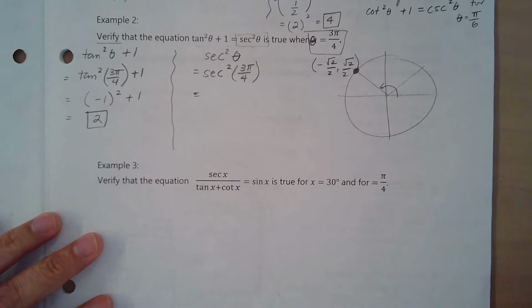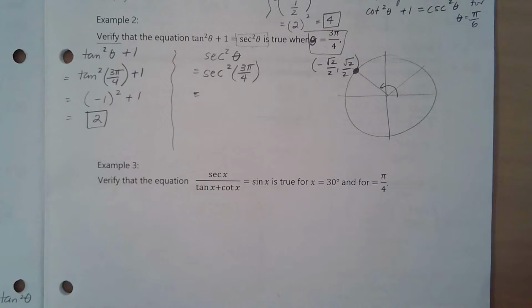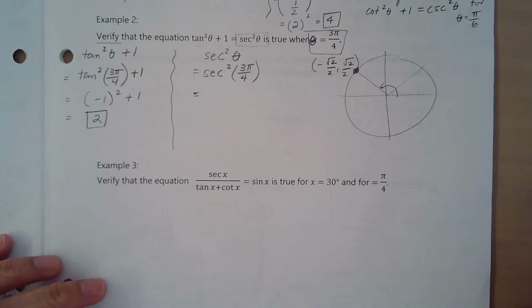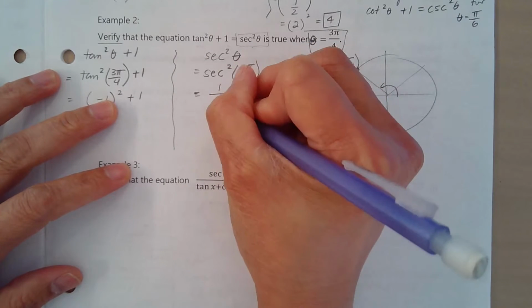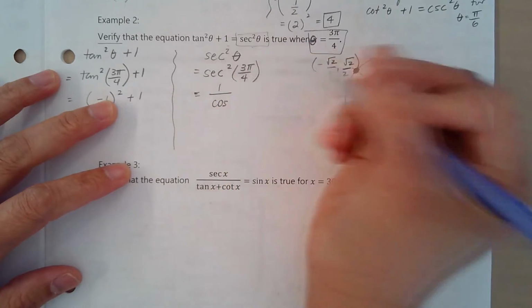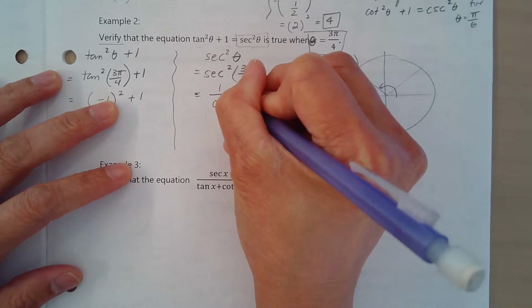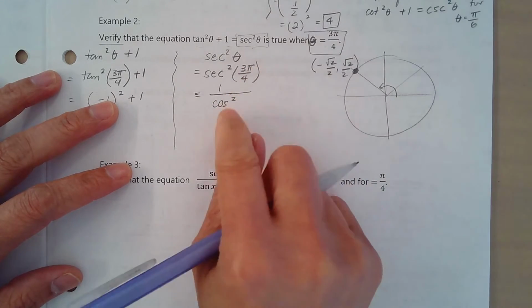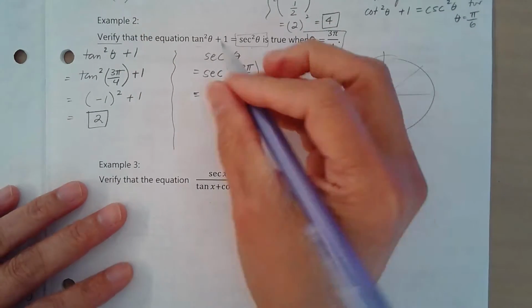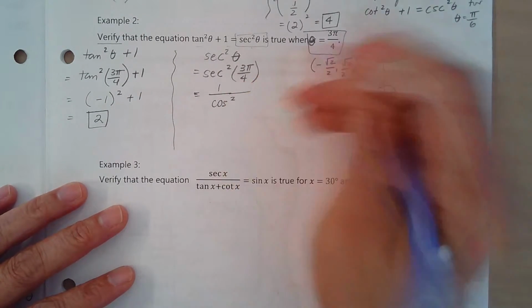Now what's secant? It's the reciprocal of the cos. So this is going to be 1 over cos squared theta. Yeah, we can have the square on the outside or on the inside.